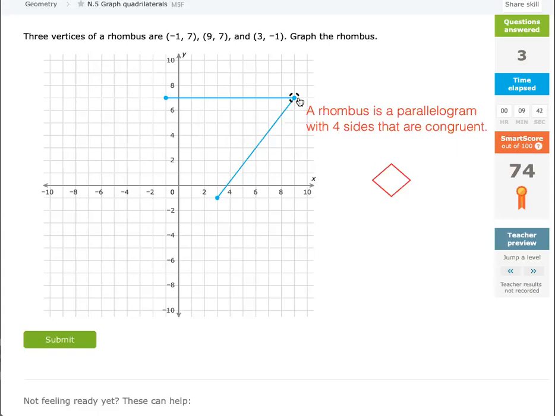This one, I'm at 9 and 7. Let me just draw that out. So I have 9, 7, and -1, 7 right there. Okay, so my distance is going to be 10 spots. Okay, so I'm over here 1, 2, 3, all the way over here is going to be 10.